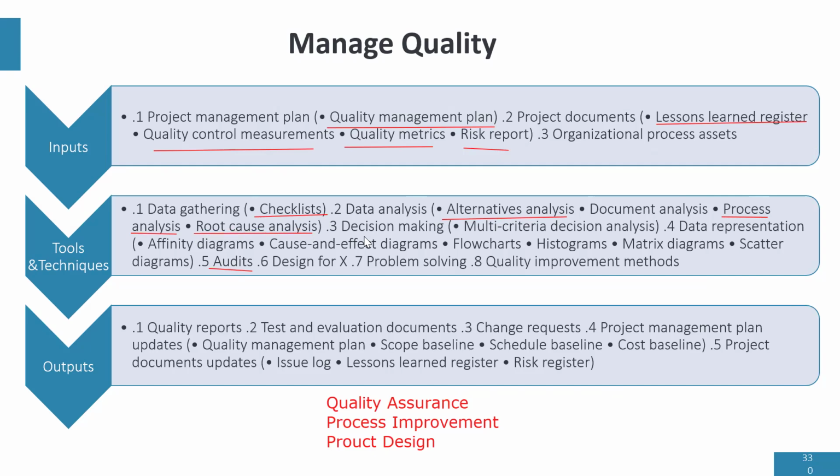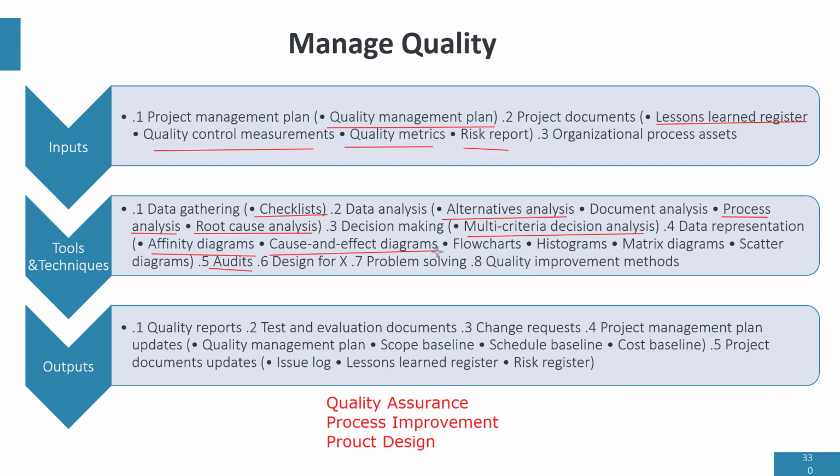We can also use decision-making techniques to look at multi-criteria decision analysis. And here, what we're saying is to look at other factors that influence the output of your processes. Data representation, we can represent data using affinity diagrams and cause and effect diagrams.